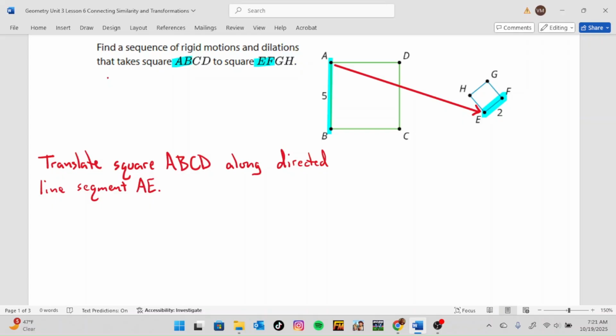And what that is going to do is it's going to produce this square right here. So point A is now point E, and this is point B prime, C prime, D prime.